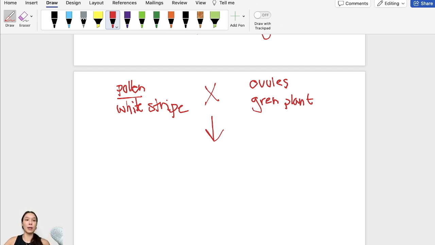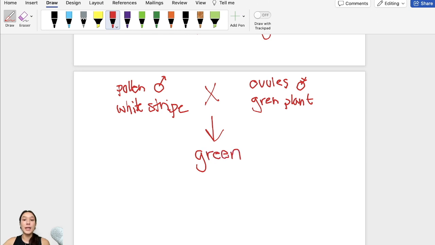I was very surprised by this question, because they also don't really teach too much about plant reproduction, but pollen is the male, and ovules, you can kind of assume, because ovules sound like ovaries, are the female. Okay, so the green plant is the mother in this case. Therefore, all of the offspring will be green.